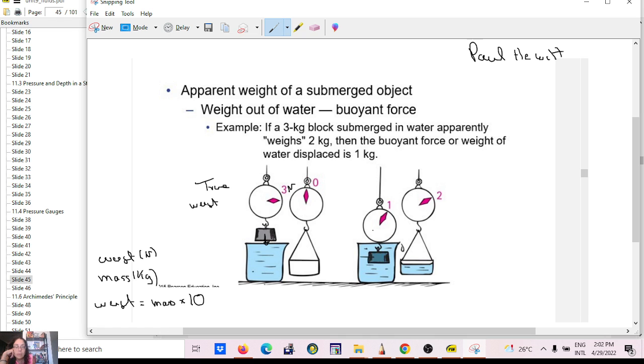Now if you dip that weight inside the water, you see that the weight will be smaller. Because now you still have the weight down, and you have tension and the buoyancy force up, in equilibrium.